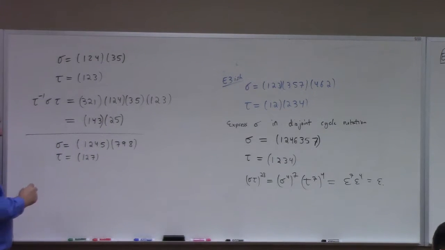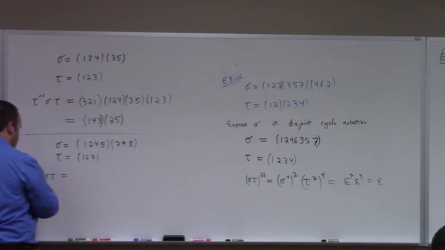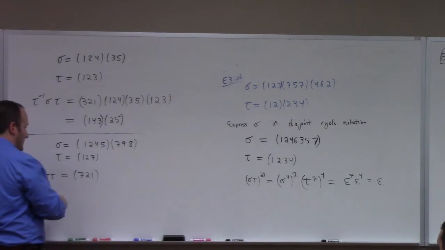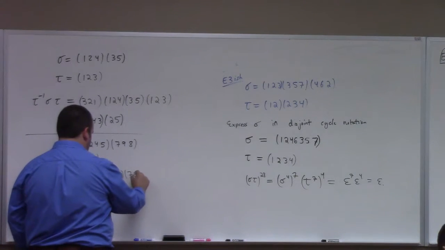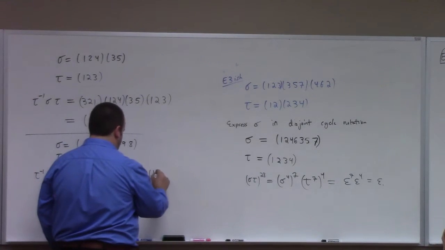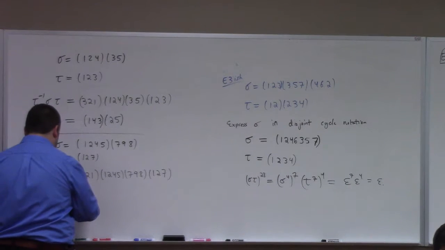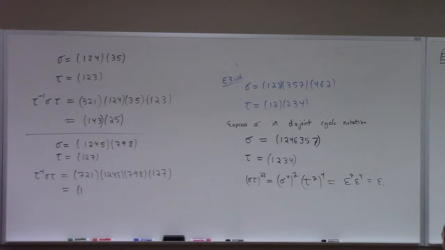Okay, let's calculate it again. Tau inverse, sigma, tau. So tau inverse, easy peasy, (7 2 1). Sigma is what it is. And tau is (1 2 7). All right. I'll start with 1 because I'm a creature of habit. That is not written in stone. It's just my prerogative.